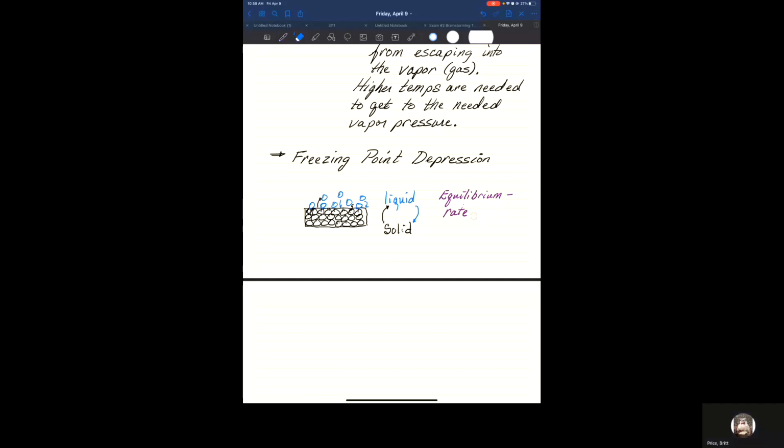Equilibrium: equal rates of forward and reverse processes.